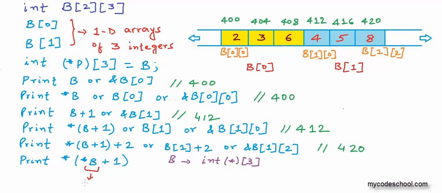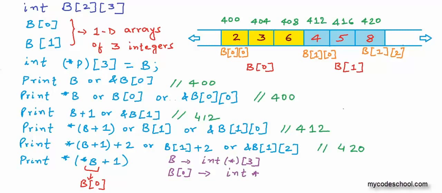So asterisk b, as we know, will give us b0. Asterisk b is the same as b0. Now b0 in my expression, because b0 is the name of a one-dimensional array, returns me a pointer to the first integer in the one-dimensional array. So b0 returns a pointer to an integer. We will get a pointer to this integer at address 400.